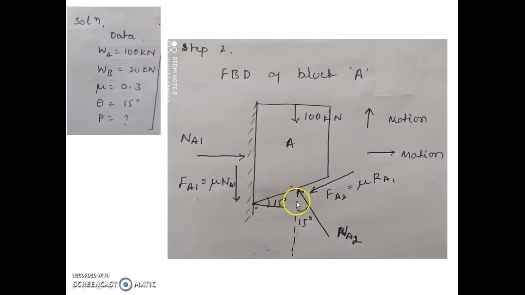Here one reaction will be developed, that is Na2, where A represents block A, normal reaction second, and it is making an angle of 15 degrees. This is 15 degrees, so this is also making 15 degrees with the vertical axis, that is the y-axis. Since the block is moving towards the right side, friction will be generated towards the left side on the inclined surface. It is shown in the figure like this.